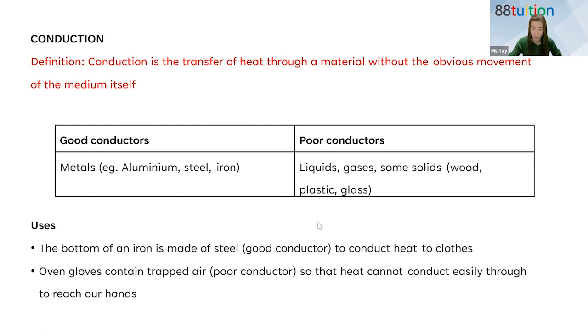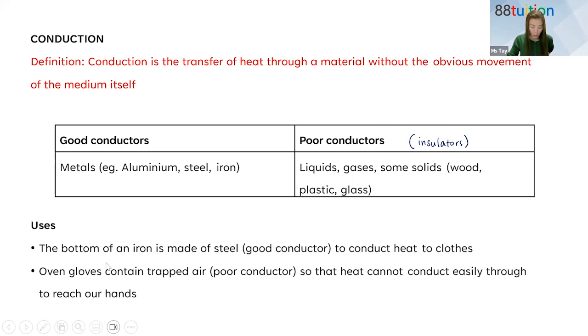Now, you talk about conductors: poor conductors and good conductors. Poor conductors, we also call them insulators. They are like liquids, gases, some solids. But in general, solids are good conductors, especially metals.